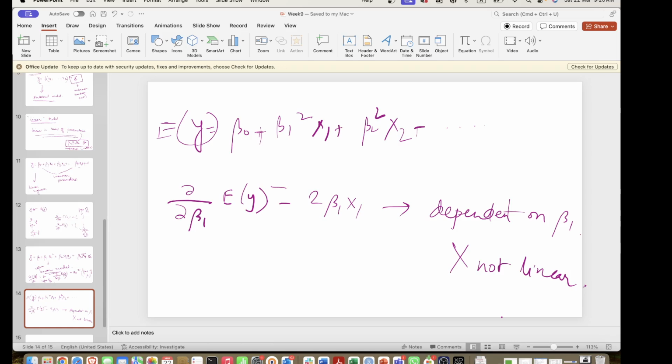If the partial derivative is independent of my parameter of interest, then I have a linear model.